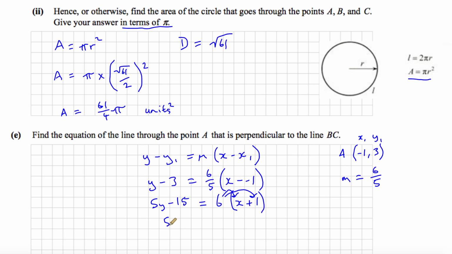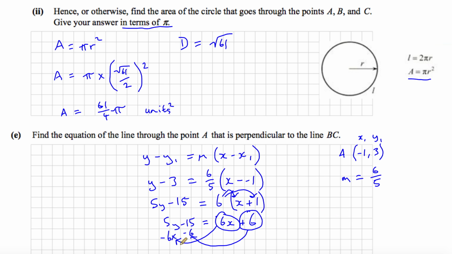That will leave us with 5y minus 15 is equal to 6x, and then 6 by 1 is 6. And finally we're just going to bring all this stuff over. Bring that over here, it becomes a negative 6x. And bring a positive 6 over here, and it becomes a negative 6.